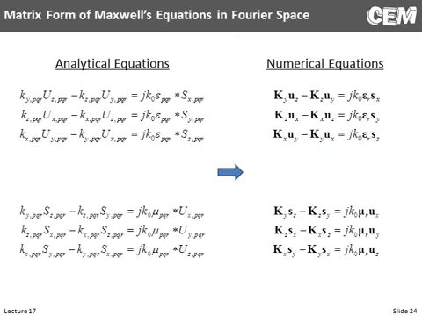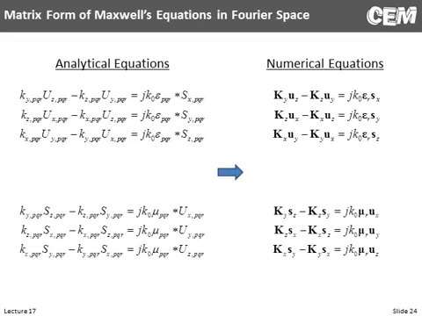So if we apply this same conversion to matrix form for each one of our 6 of Maxwell's equations in Fourier space, we end up here. So this is really the useful place where we begin any kind of numerical method. And they're pretty simple. We can look at the original equations and see Maxwell's equations in here.